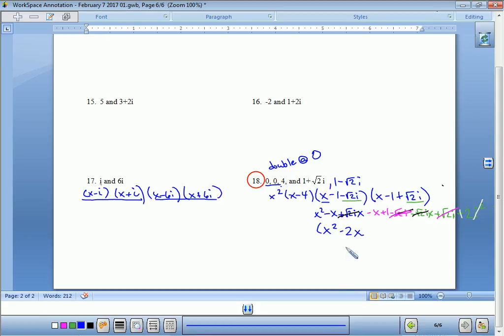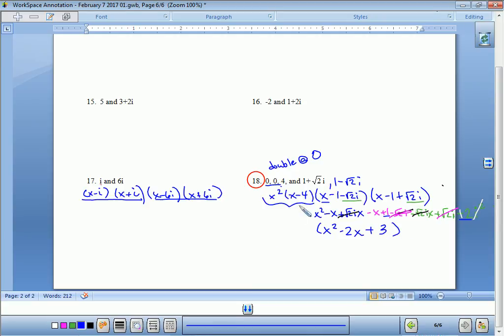Alright, I know we got a negative 2 as our b on the last one. That is not always the coefficient of the linear term. We're just picking small numbers here to keep y'all from going nuts. And sometimes you get the same thing when we pick small numbers. Alright, and then we get a positive 1 and a positive 2 is a positive 3. So it's not exactly what we had a second ago.